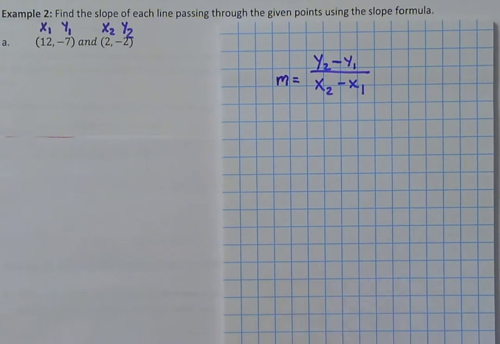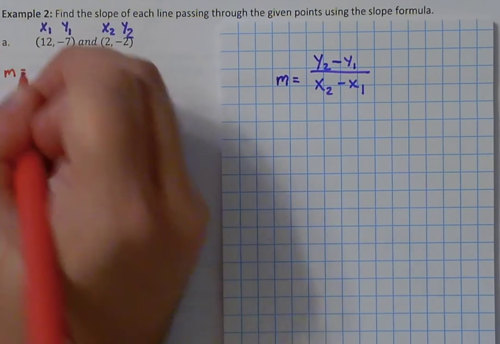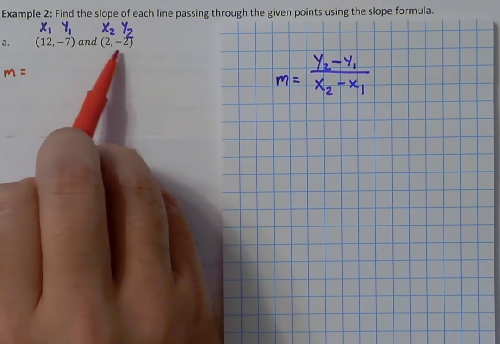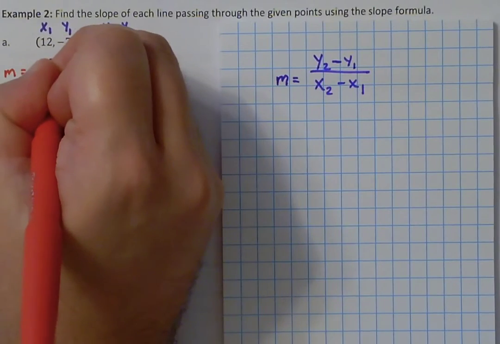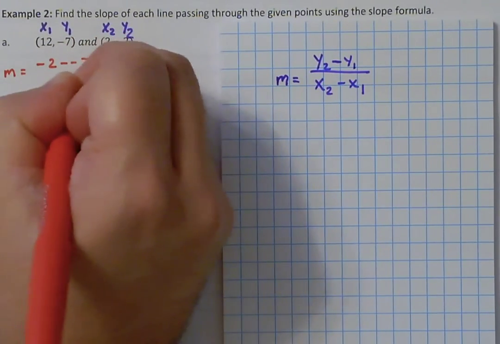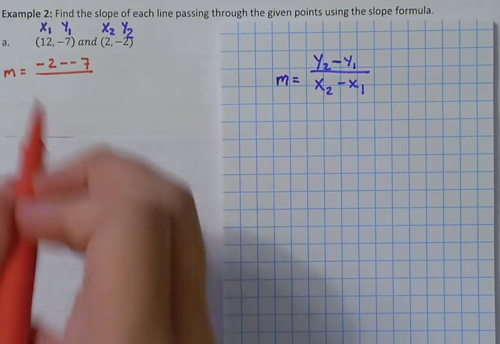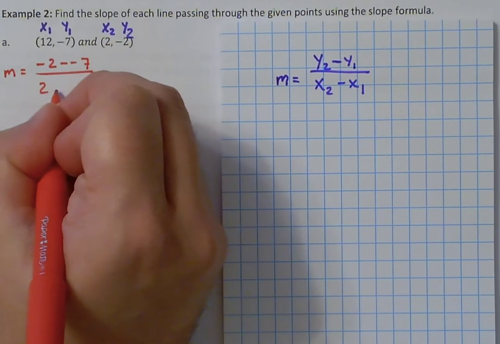So if we set this up, m equals y2 minus y1. y2 is negative 2, y1 is negative 7, so this is going to be negative 2 minus a negative 7 over x2 minus x1, so 2 minus 12.